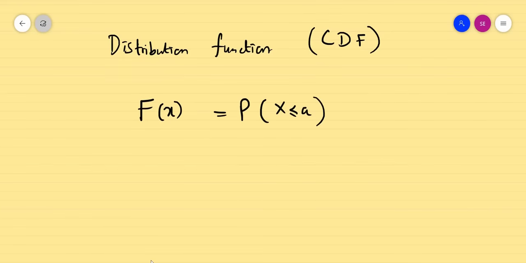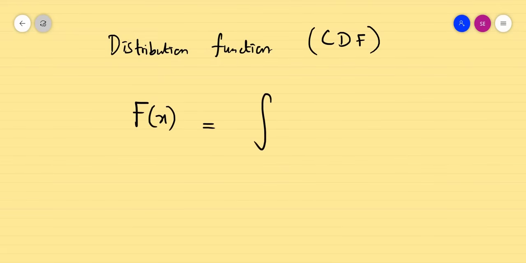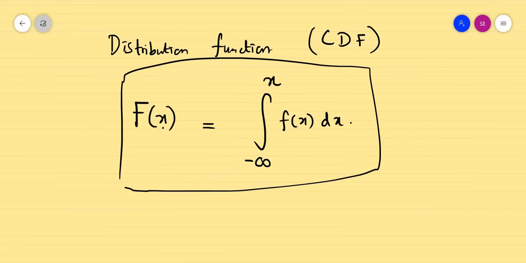Here, since it is a continuous random variable, instead of adding we are going to do integration. So F of x is going to be, x is always the upper limit and my lower limit is minus infinity, integral of small f of x dx. If you integrate this, you will get the cumulative distribution function, students.